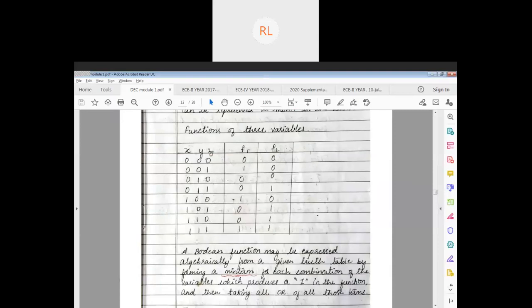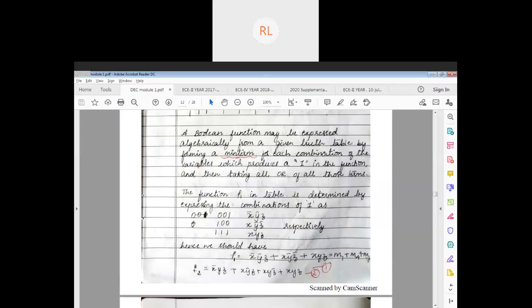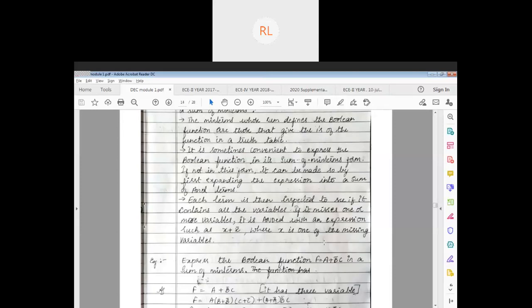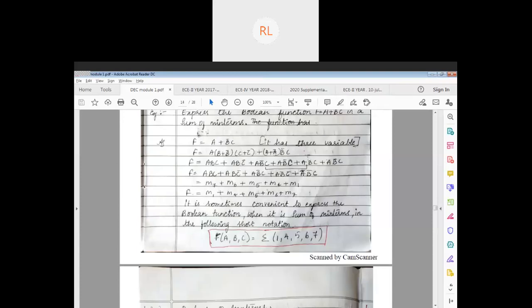So if it is 1, 1, 1, then I'm going to have M7. So M0, 1, 2, 3, 4, 5, 6, 7. Whenever it is 1, 1, 1, it is M7. Okay. Now you try to understand. Now you try to see this equation, and surely you will be able to understand. Yes, Sayan.